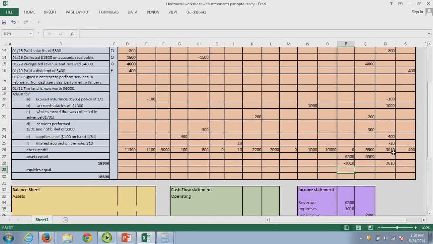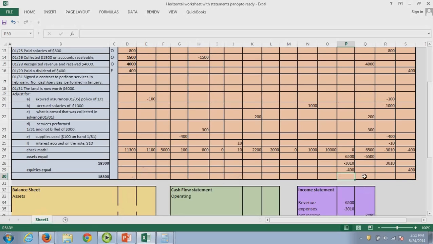So I'm just going to do equals, and so revenue is showing as a positive under retained earnings, expenses are negative. And then last but not least, we've got dividends. So I'm going to say equals minus, do the opposite to dividends, and then bring that to the retained earnings column, equals the number. And then I'm going to do totals again, but I'm not going to worry about checking the math.